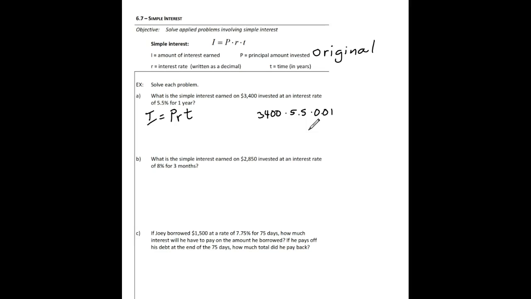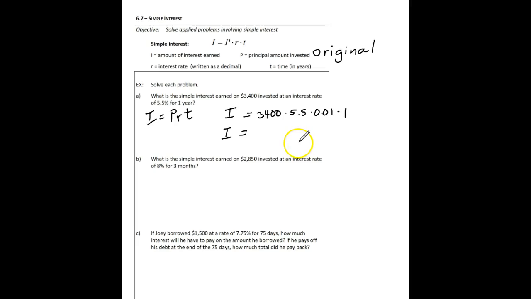Okay? And the time in this case is how long? Well, it's 1 year, so we need to go ahead and put that on the end. Okay? And this will all equal the amount of interest we are earning, because that is what it is asking. What is the simple interest? Okay, so interest equals, and we're just going to go ahead and multiply these out.